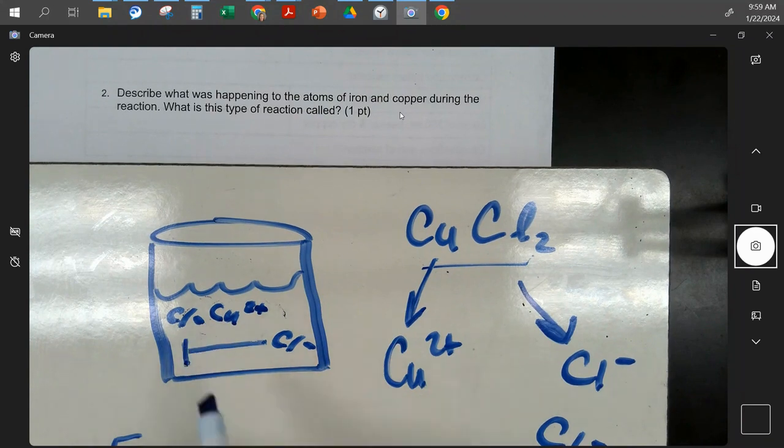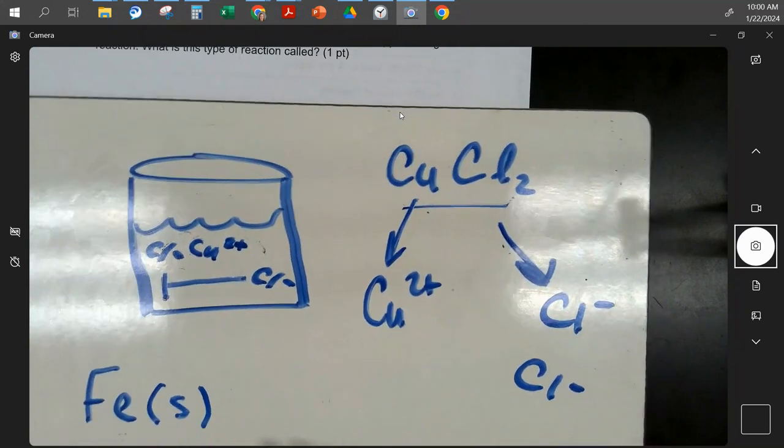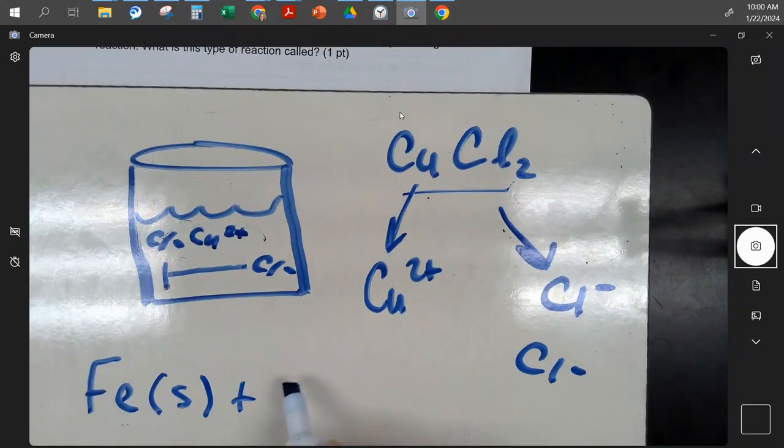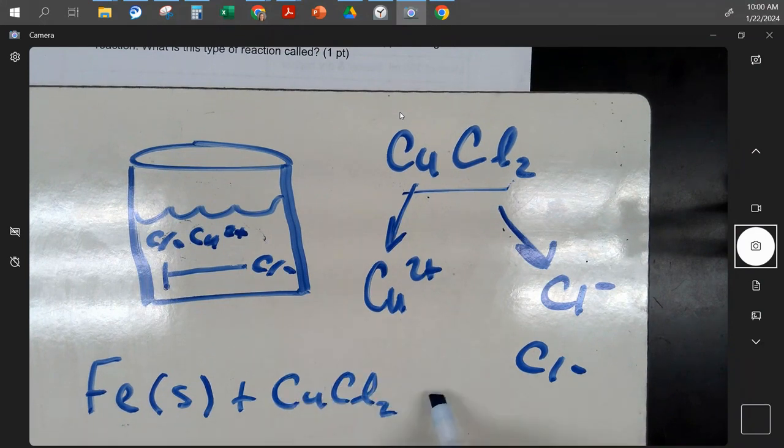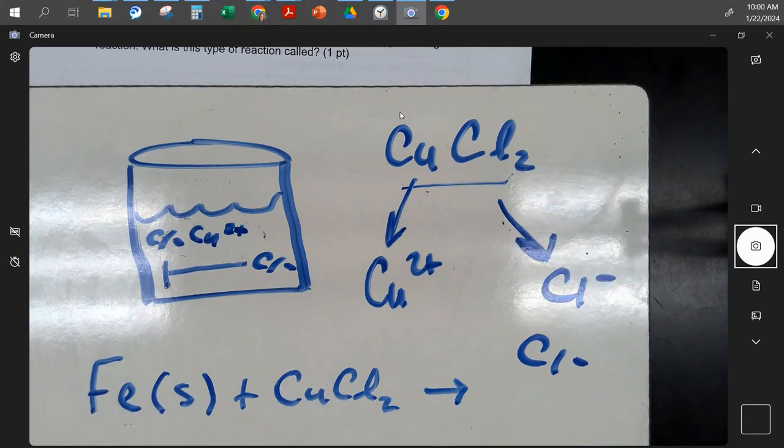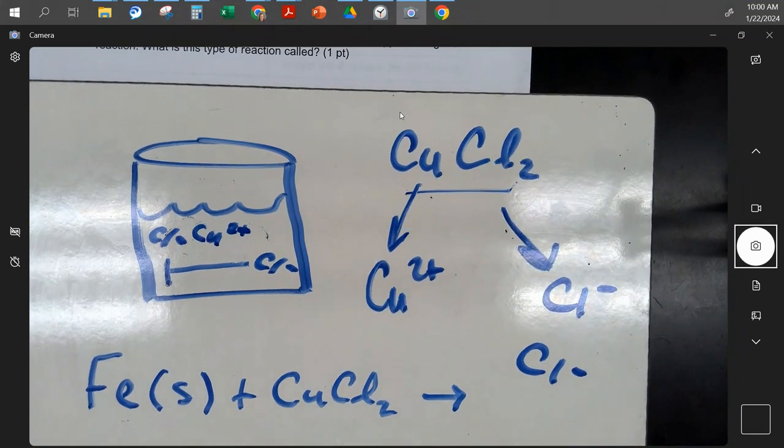All right, so what's happening, and think back to chapter, I think it was chapter 5, where we had iron, which is a solid, something like this. And then we add something that's soluble. This is not balanced yet. What did we end up with? So think into the lab.